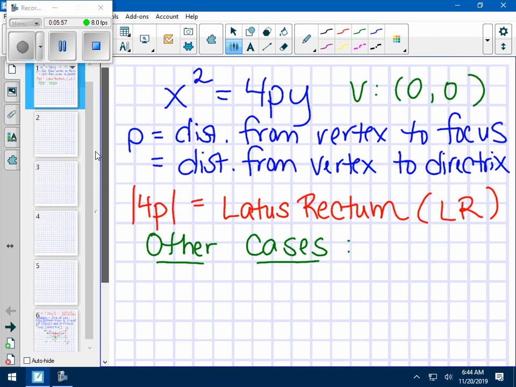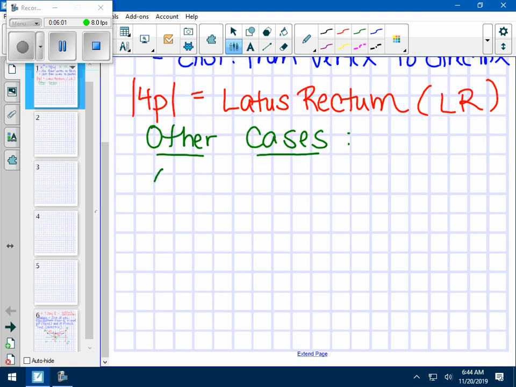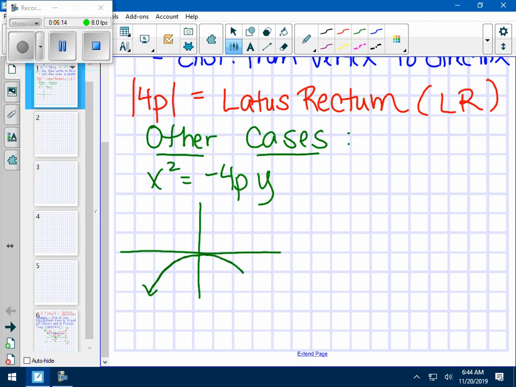But if we keep the vertex at 0, 0, but I change the equation to x squared equals negative 4py, it wouldn't be too much of a surprise that when I sketch it, we still have that vertex of 0, 0, but this is a parabola that opens down. So we get some sort of focus, some sort of directrix line, all the points are equidistant from those two things. So there's a case for a parabola that opens down.